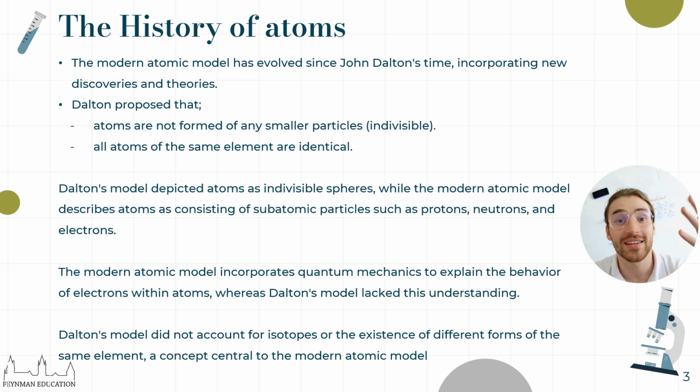So, where did this idea of atoms come from? It was a man called John Dalton that originally devised the closest representation of how we perceive atoms as today. There were others before him, okay, but John Dalton's idea that everything was going to be made up of these tiny, small, indivisible particles, and that all the atoms of a certain element are going to be identical to one another.